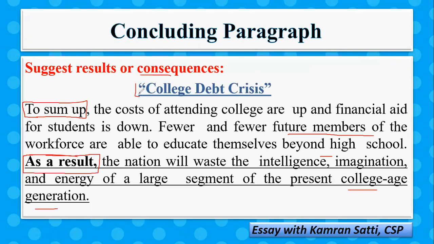In this sample concluding paragraph, I have suggested a consequence: if we don't do this, a large segment of our college age generation will miss out on higher education, and we will be wasting their intelligence, imagination, and energies. So this was the second approach.